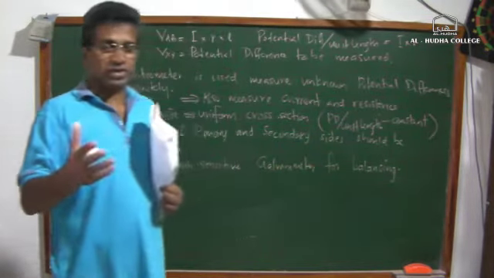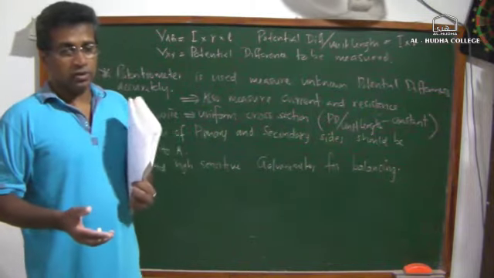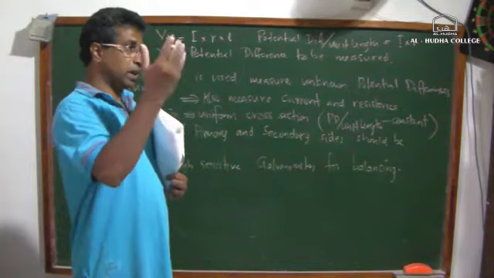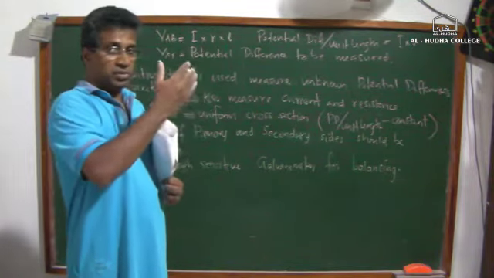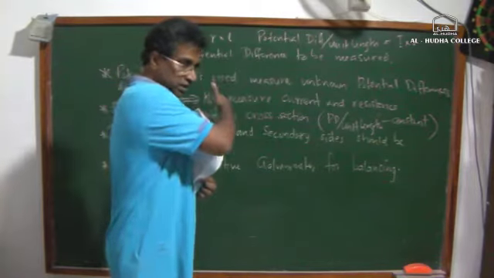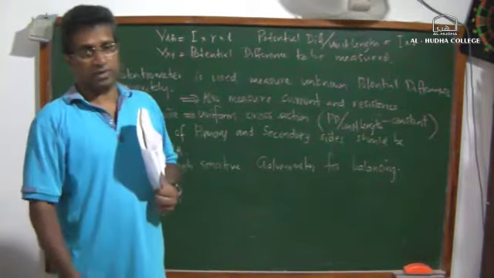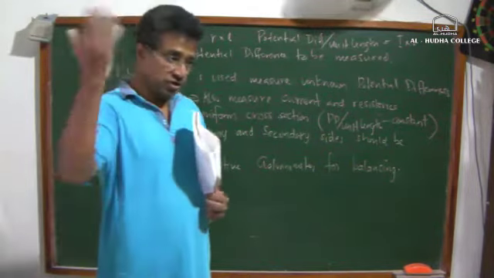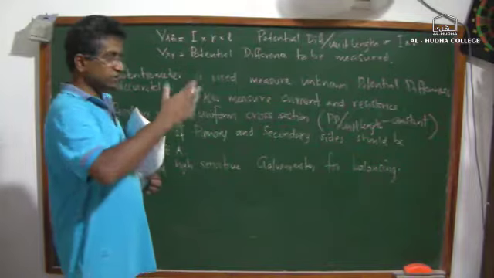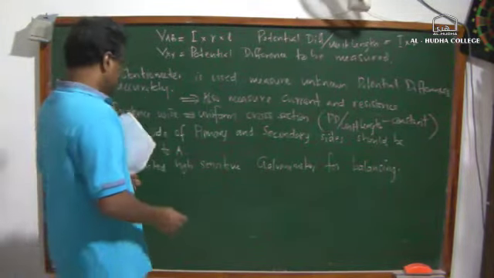If it is a center zero galvanometer, and you keep the slider to the left of the balance condition and it deflects to the left side, then if you keep it to the right of the balance point, it should deflect to the right side, because the polarity of the potential difference is different, right?